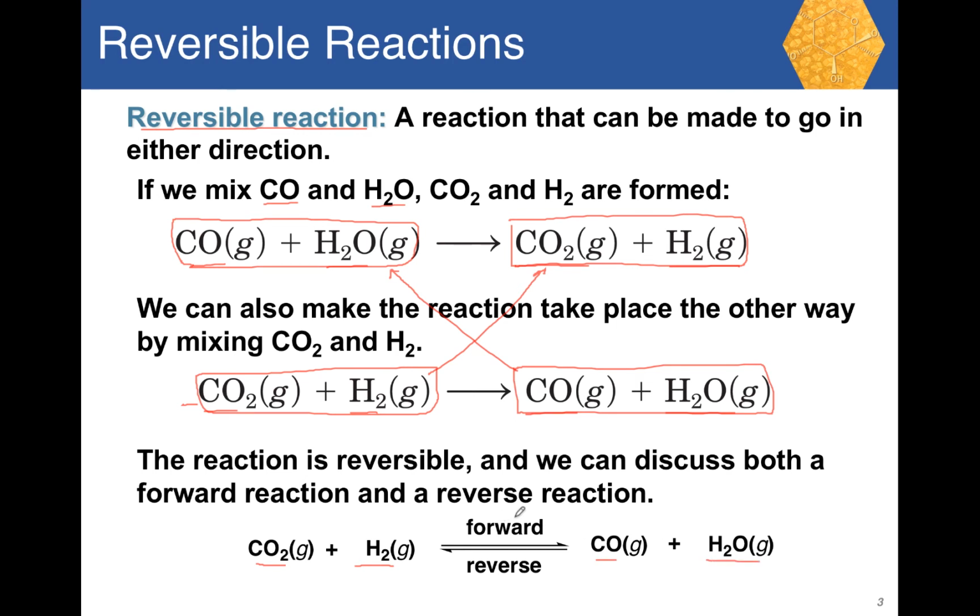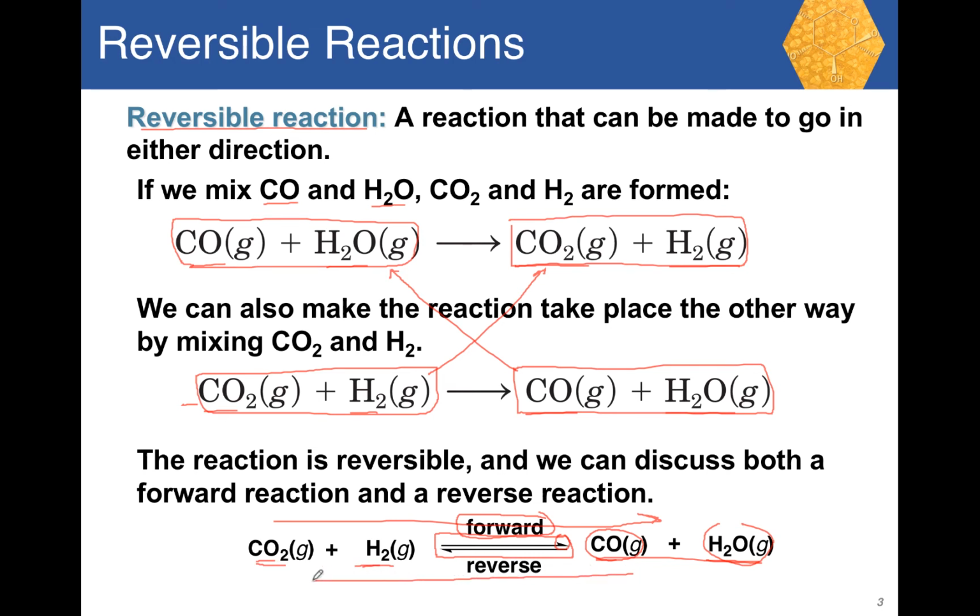And to represent that, we use this representation here. Notice it's two arrows with a single head on each arrow, a single barb on each arrow. This end is for the forward direction, so it indicates that this is going in this direction to produce carbon monoxide and water from CO2 and hydrogen. We know that if carbon monoxide and water are mixed, it produces carbon dioxide and hydrogen.